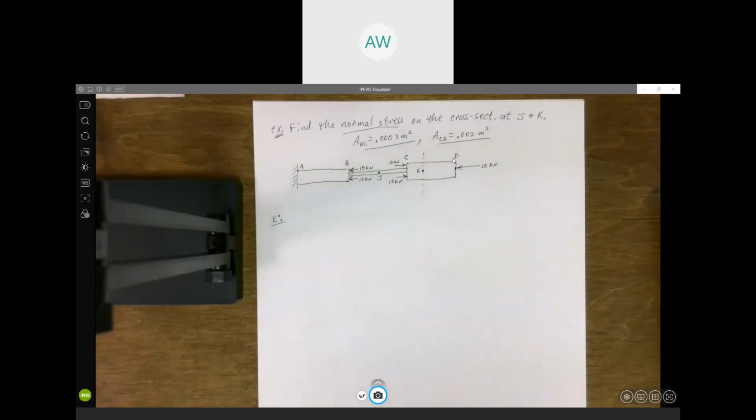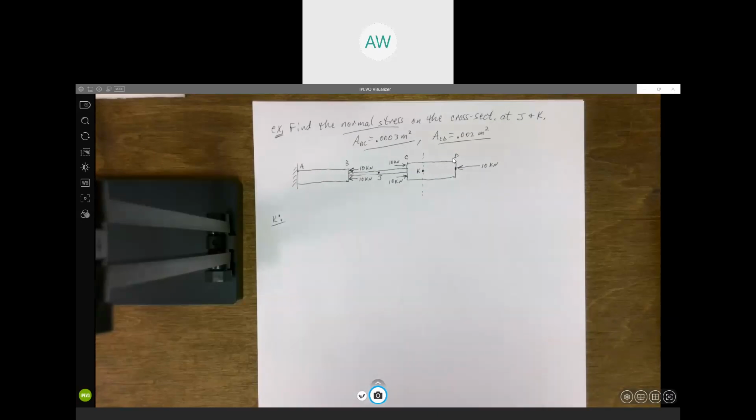But I caution you, be careful. It's always better to draw the free body diagram, because this is where I see the vast majority of mistakes made with problems like this: getting the axial force wrong.